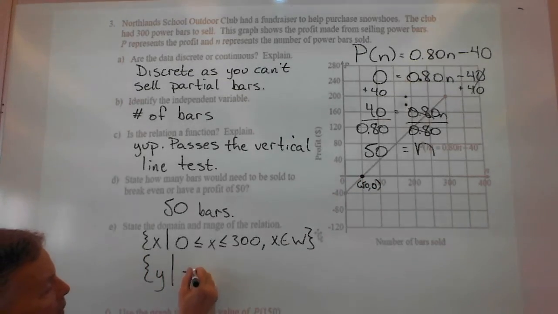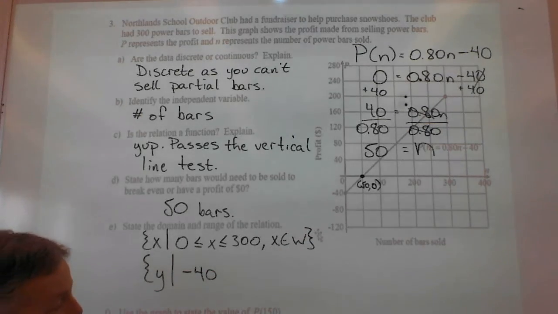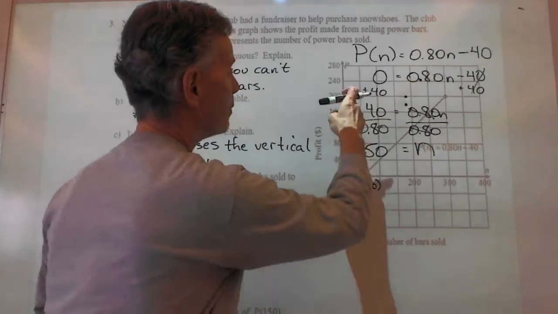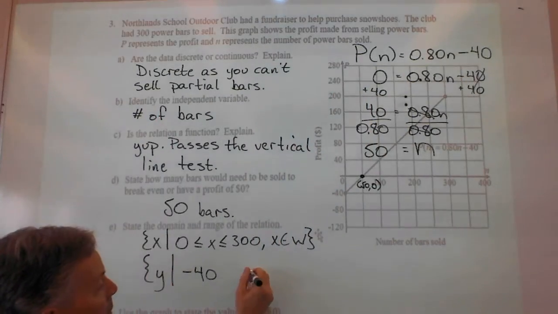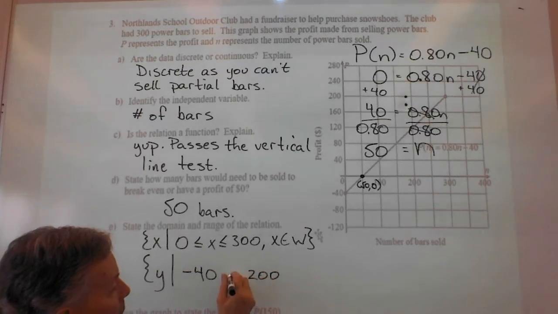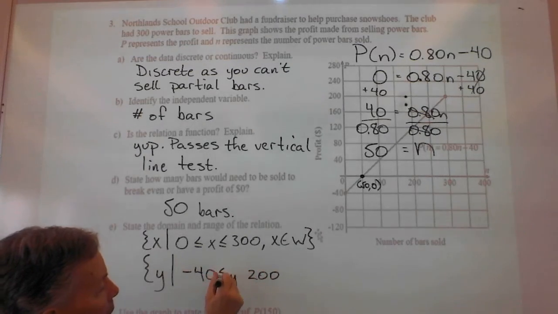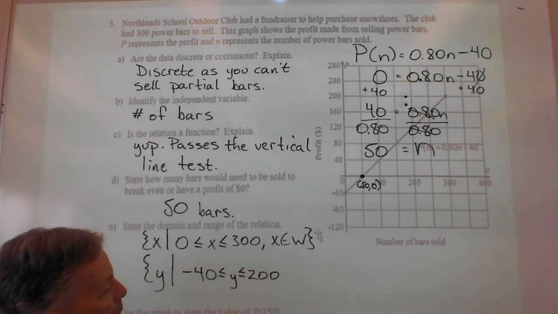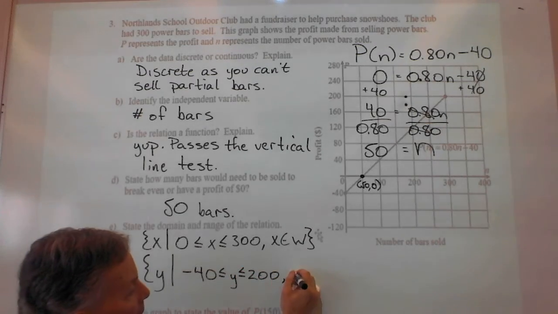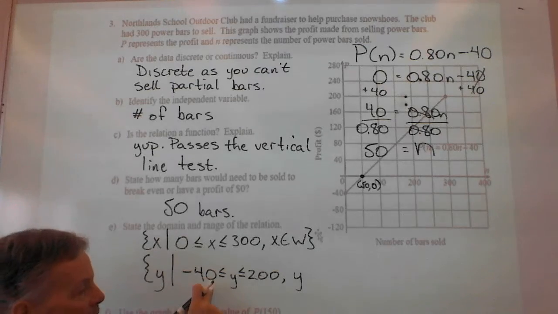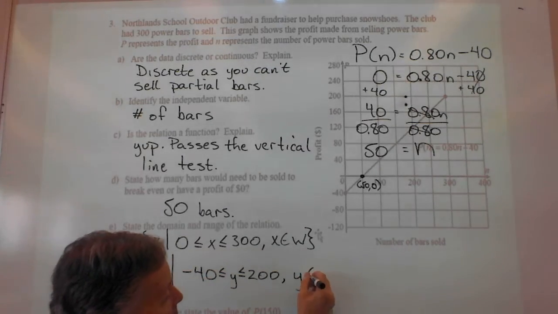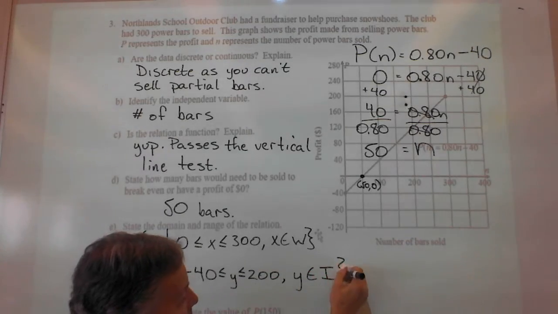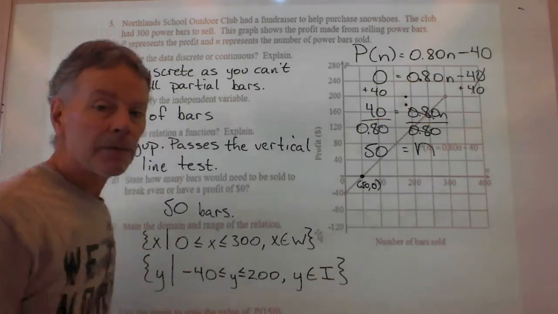So our smallest profit number is negative 40, which would mean a loss of $40. Our biggest profit is right up here at 200. Y is in between, greater than or equal to negative 40, less than or equal to 200. And because we have negative numbers involved, but we don't have partial values, we would say the smallest number set would be the set of integers. Okay?